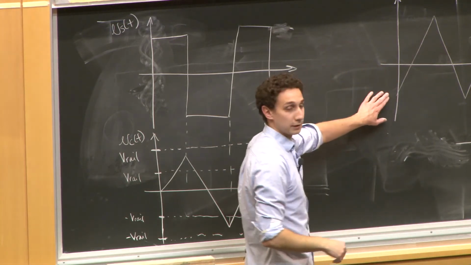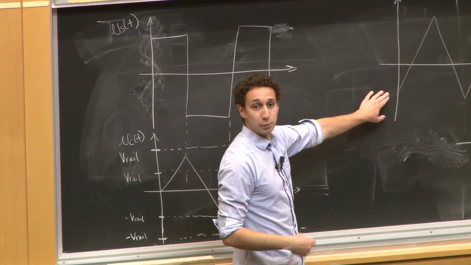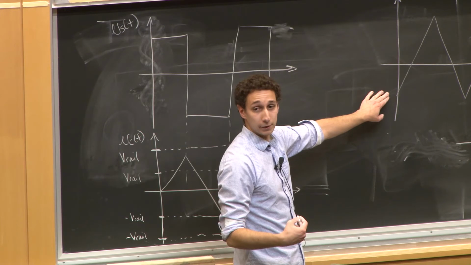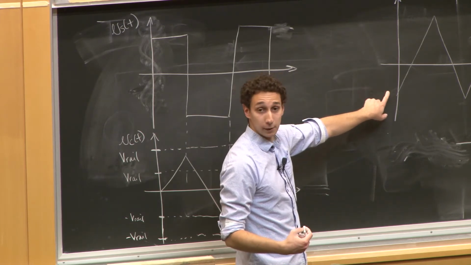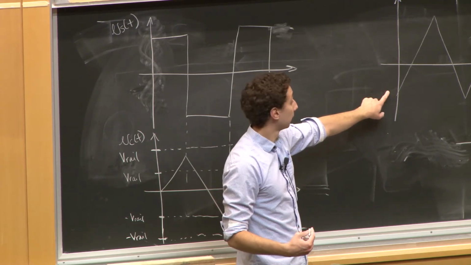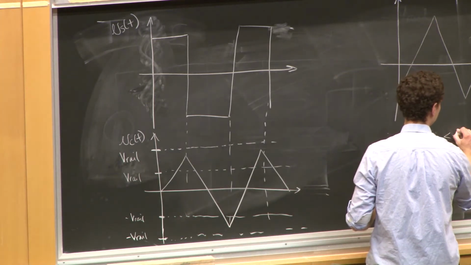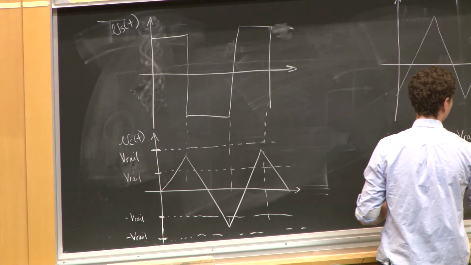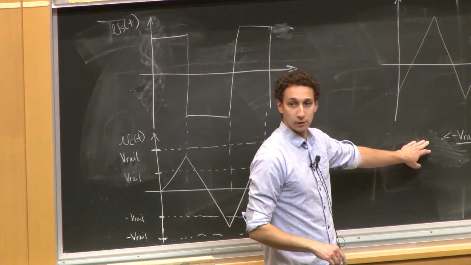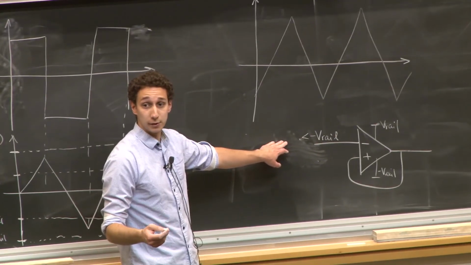Let's suppose down here, this is below minus VRail, excuse me. This is below the negative rail of the comparator. What is the output going to be? So this is less than minus VRail. What's the output of the comparator going to be in that situation?